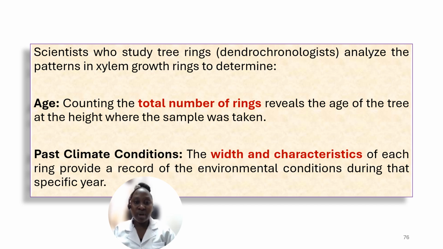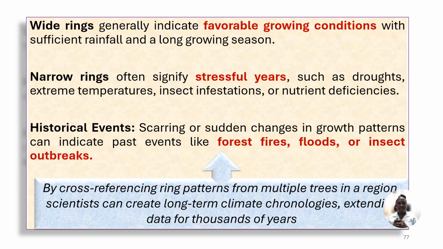And to determine past climatic conditions, we deal with the width of the xylem, and we deal with the characteristics of the xylem. So each ring will be examined for any changes that will help us determine certain environmental conditions in that specific year.